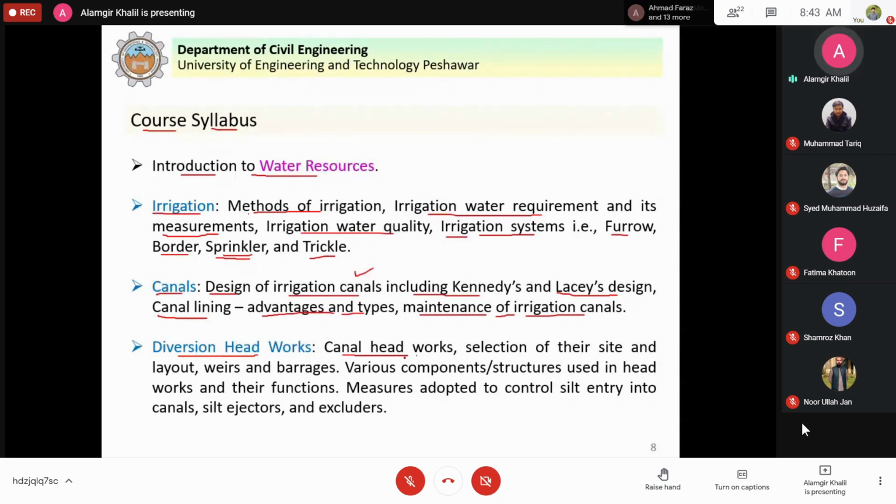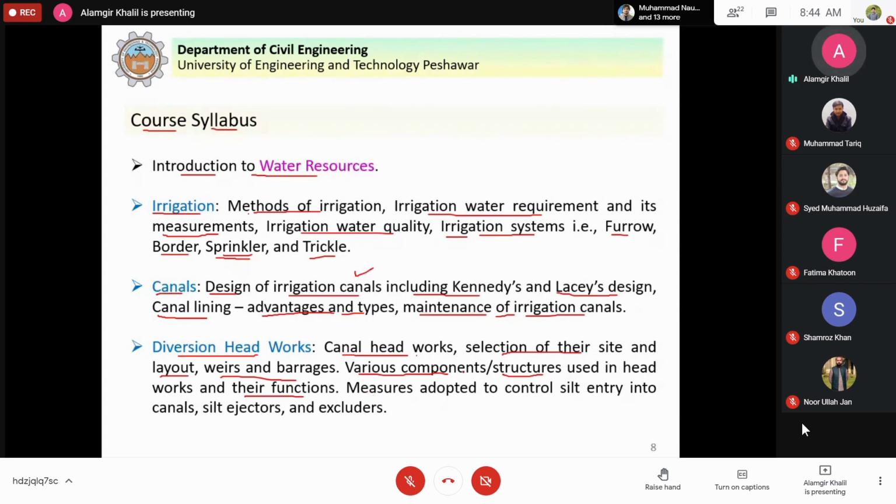Storage in the form of dams; diversion, where we raise the water level and just divert the water, for example, weirs and barrages. So we will study about the selection of their site and layout for the weirs and barrages. When we have canal headworks, what are their different components, the associated structures, and their functions?